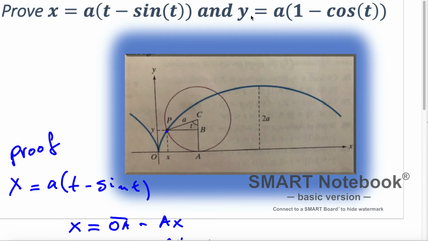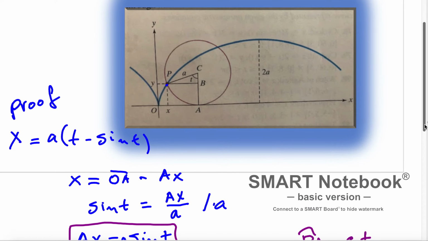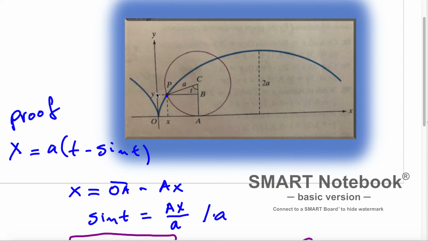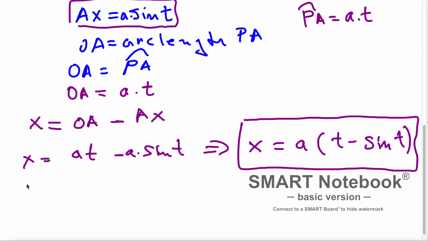But now we want to prove y is equal to a times (1 minus cosine t). We can prove it this way. This distance from O to y, or just y, is equal to AC, the whole distance, minus BC, or CB. So let's prove y is equal to a times (1 minus cosine t).